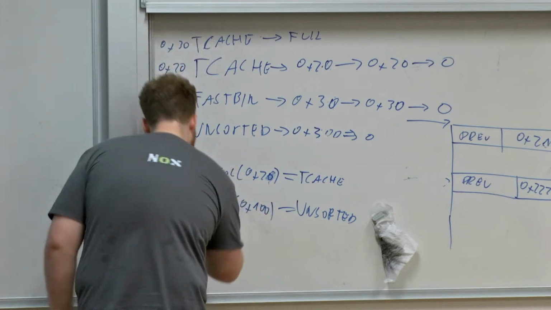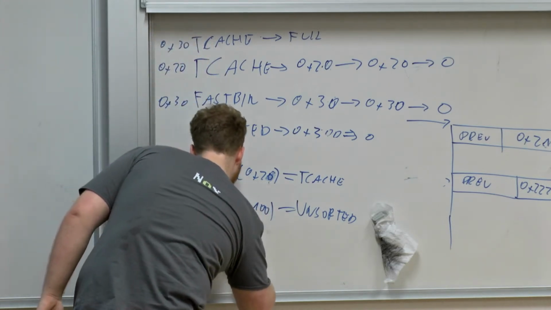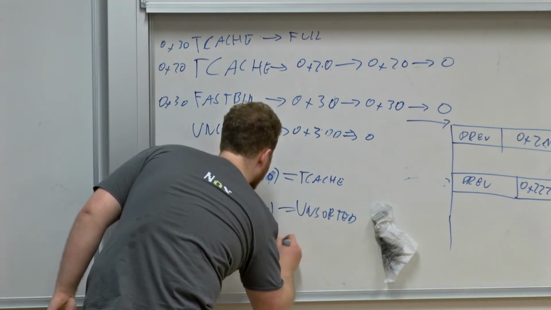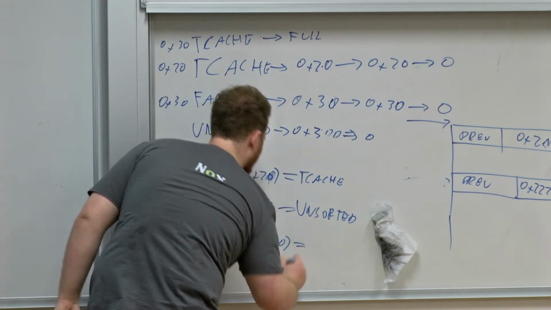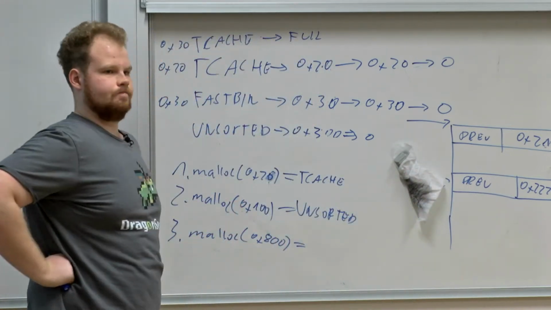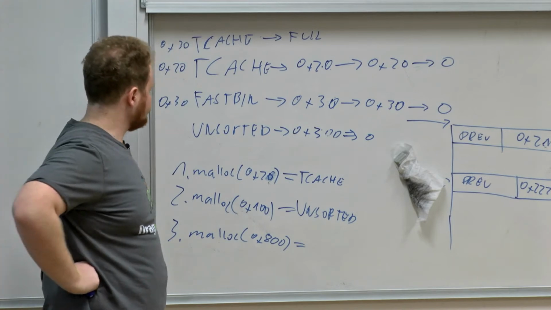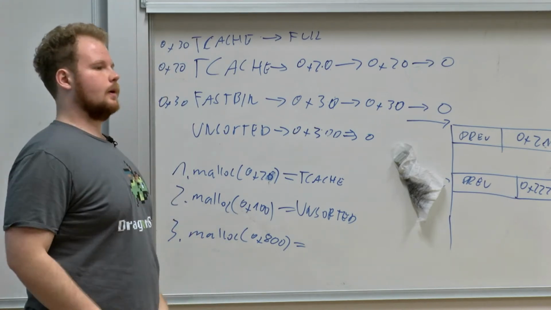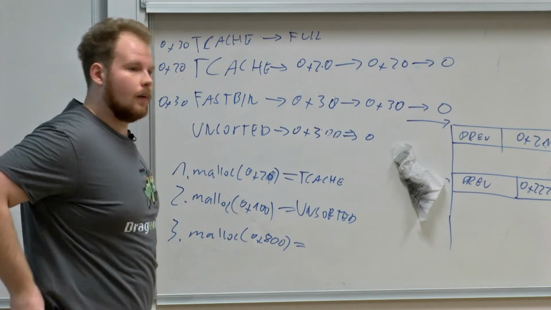Cool. Okay, and for the last case, what about now? So now I want to allocate a chunk of hex 800. Where will the chunk come from?